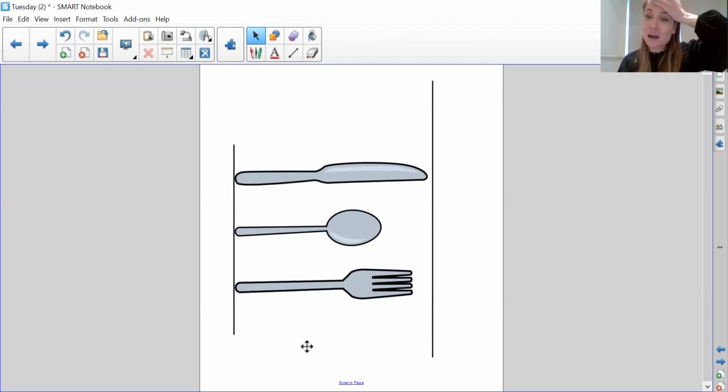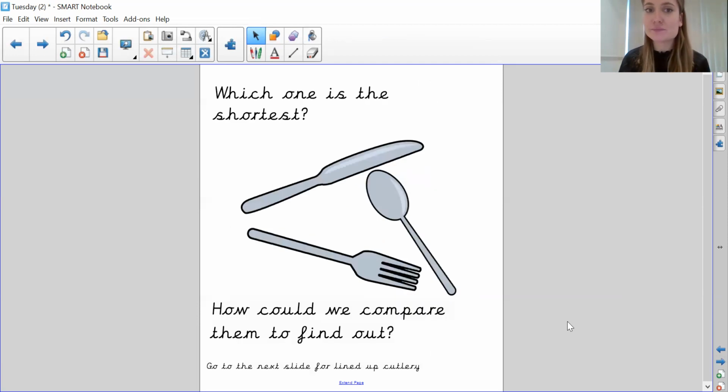Put it in my head. Let's have a look. Which one of these is the shortest? How could I find out? What's my first step? Can you tell me? Well done, if you said line them up starting from the beginning. Good.